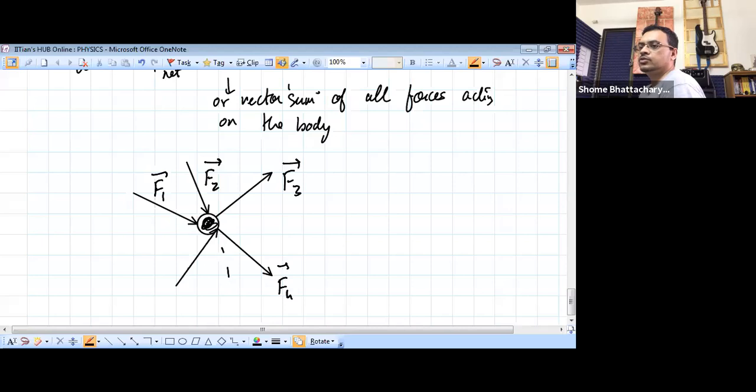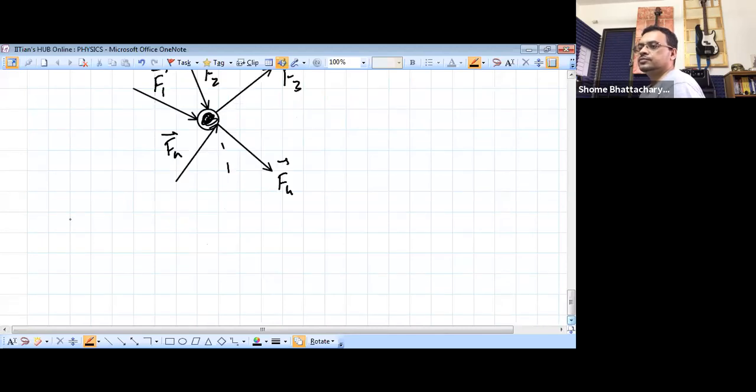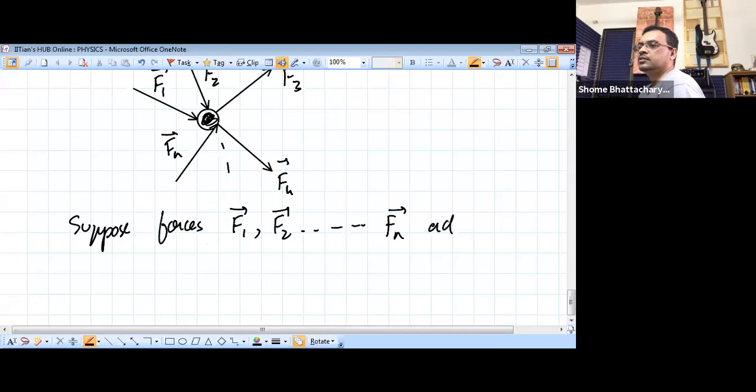And like this, there are more forces, let's say the last one, the nth. So suppose forces F1, F2, etc. up to some nth force act on a body.